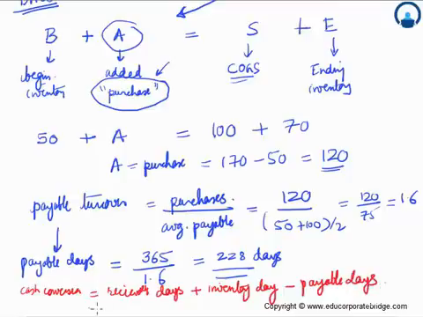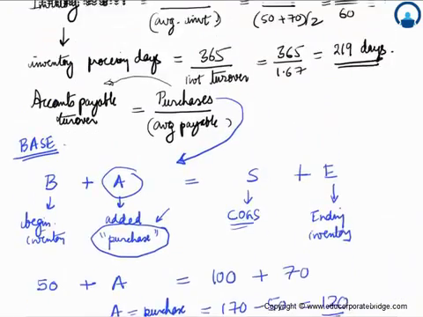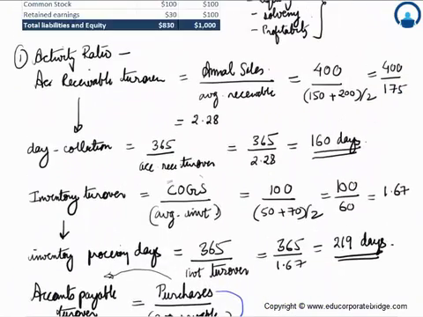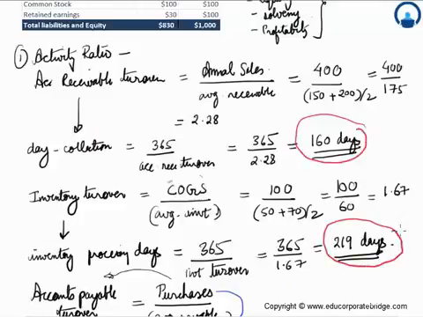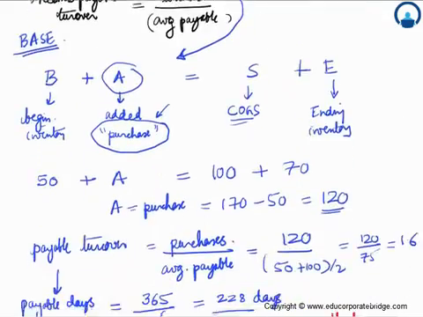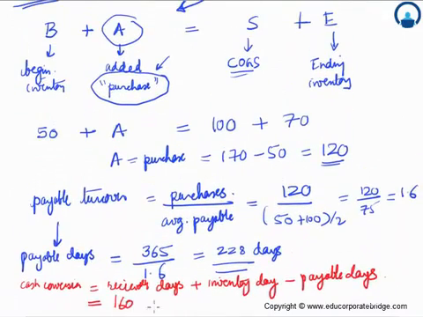Right, so we have done this. What is receivable days here? Receivable days we have earlier calculated as 160 and your inventory processing days is 219. So 160 plus 219, and we subtract the payable days, that is 228.